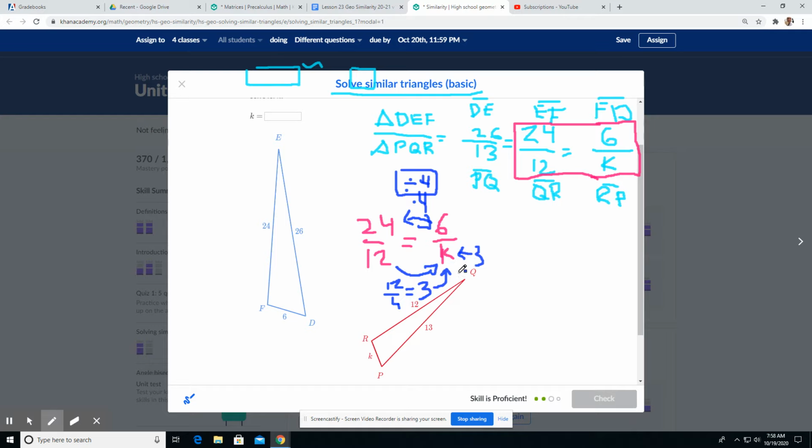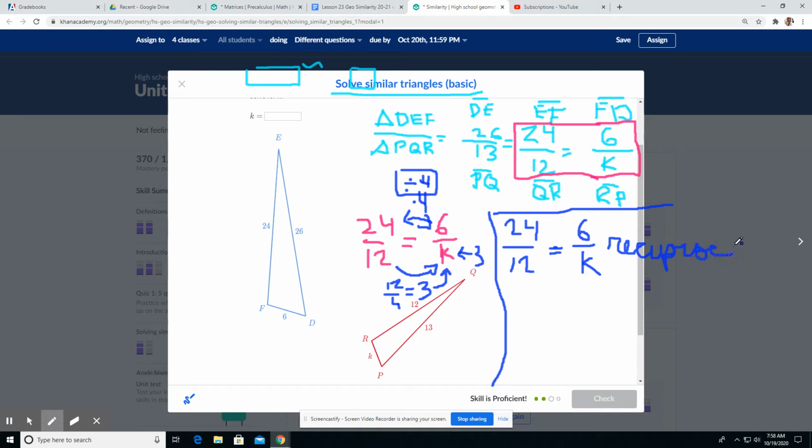So that's one way to do it, but that's if your proportions are easy enough, then you can see how they link together. Let's show, if they're not easy, how you would mathematically do it. So 24 over 12. Remember, if K is on the top, it's a lot easier. So I'm going to show my method of reciprocal.